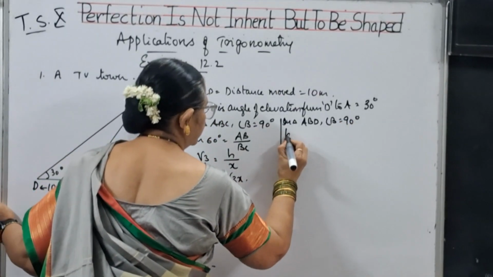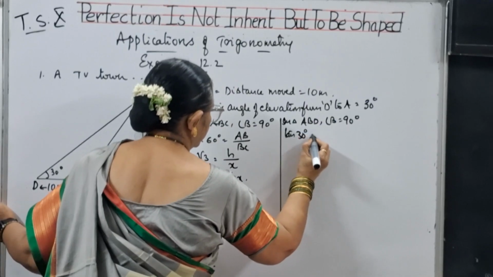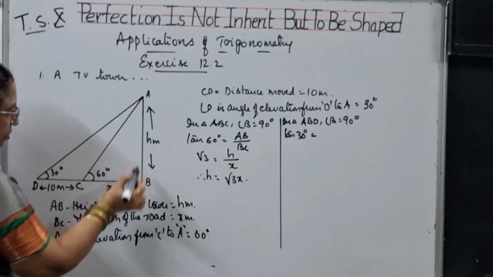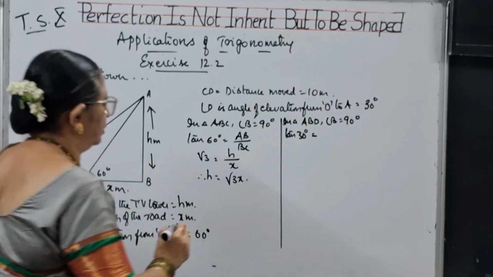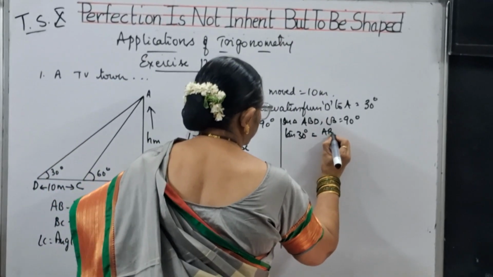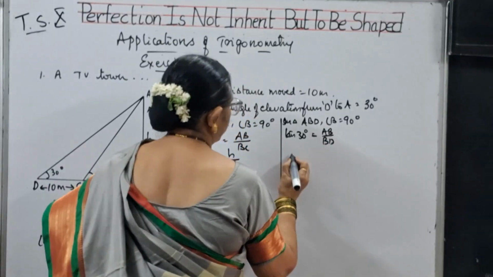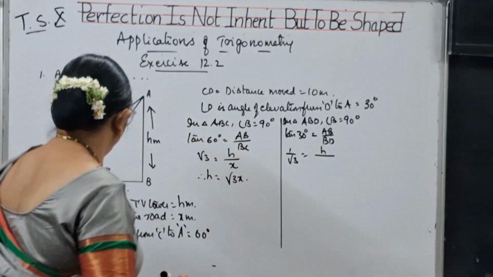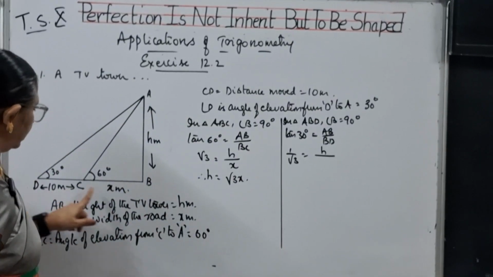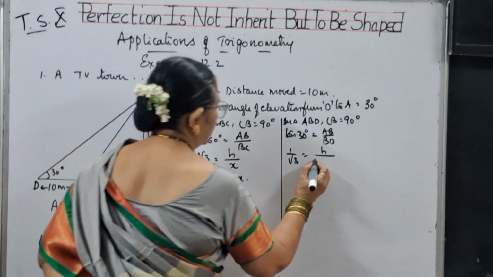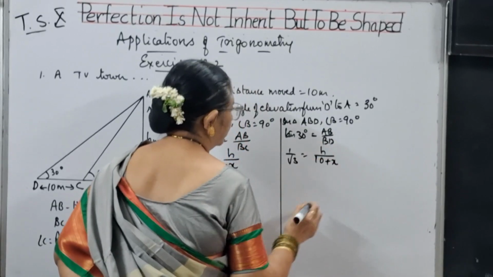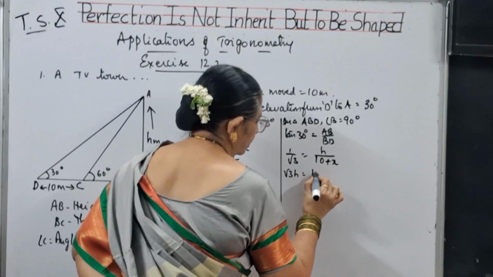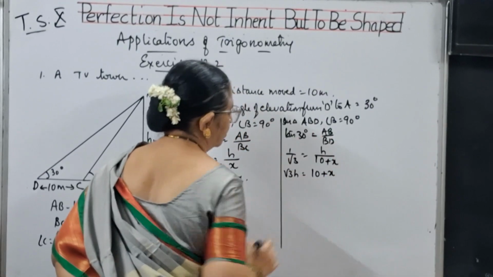So tan 30 degrees is equal to AB by BD. Tan 30 means 1 by root 3 is equal to h by, what is BD, children? It is 10 plus x. That means root 3h is equal to 10 plus x.